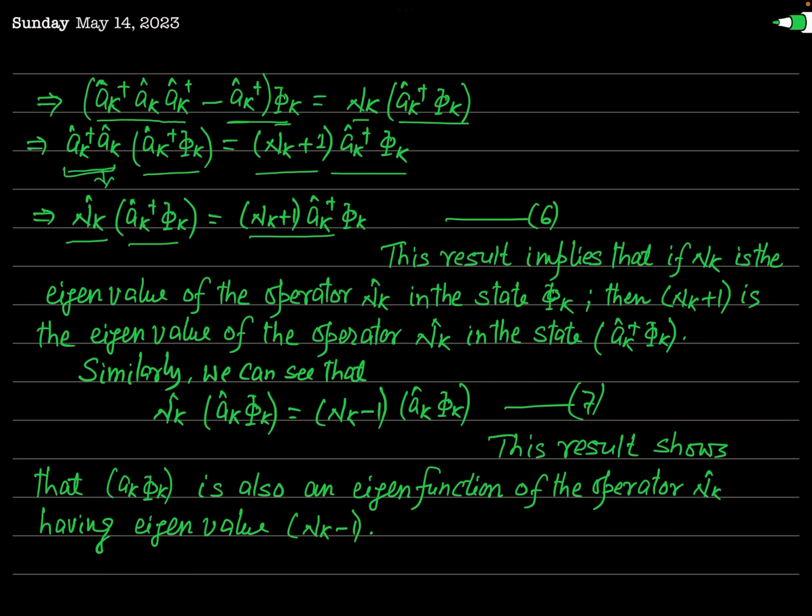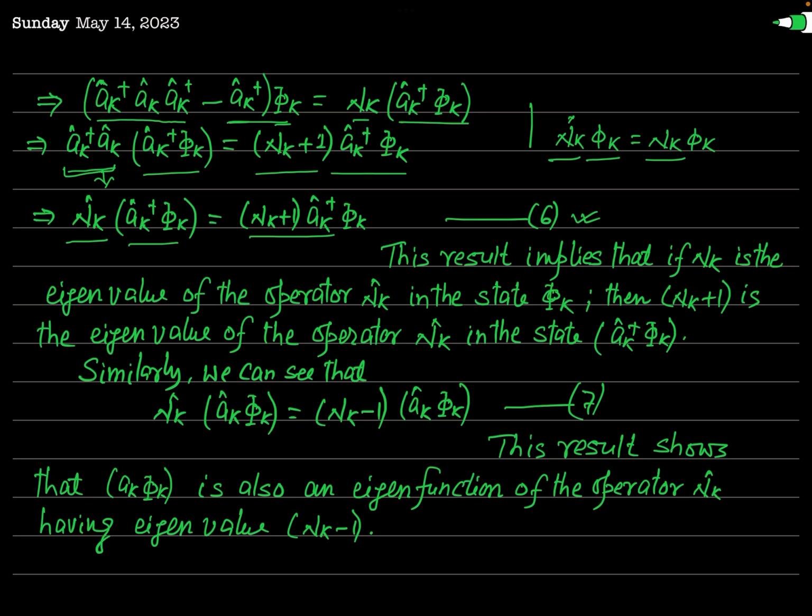Now when you wrote the eigenvalue equation for nk hat operated on phi k, your result was nk hat phi k equal to nk phi k, which says that for the operator nk hat, when the eigenfunction is phi k, its eigenvalue is nk. Similarly, this equation 6 is simply the eigenvalue equation of the operator nk hat too.